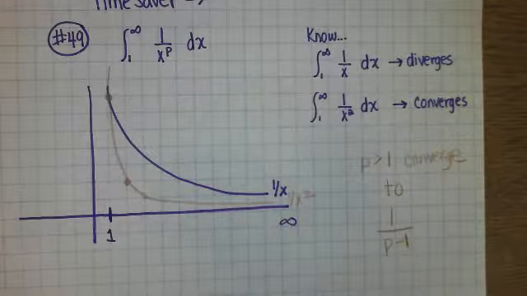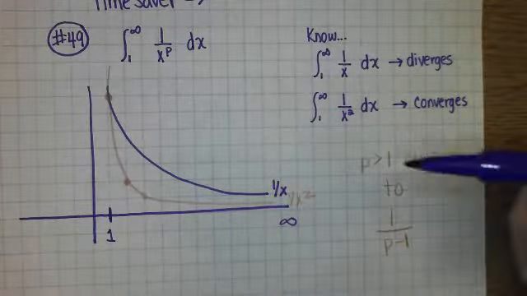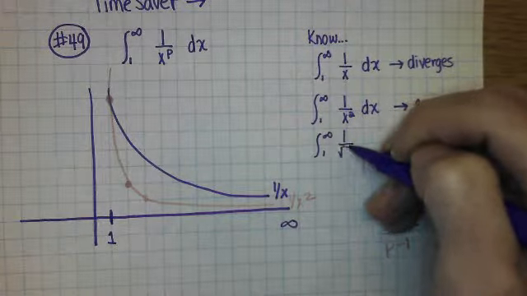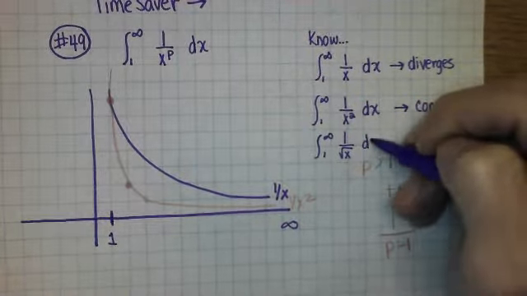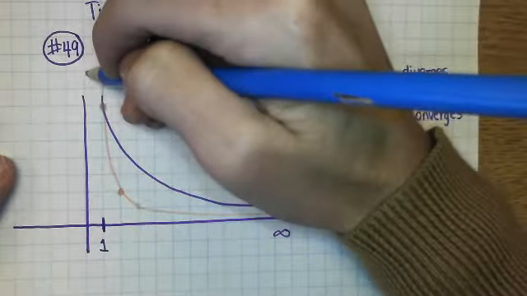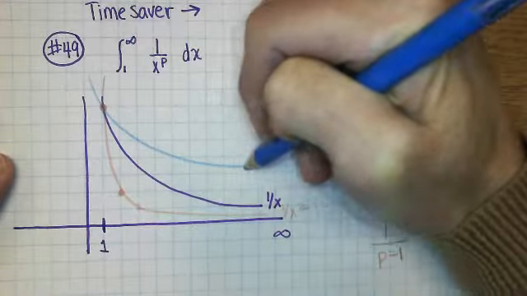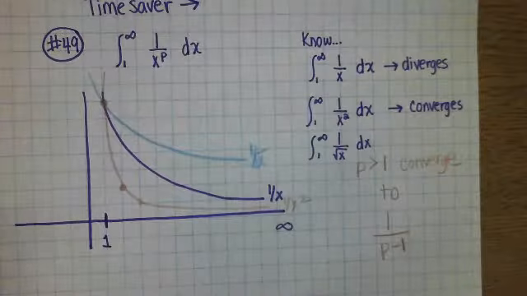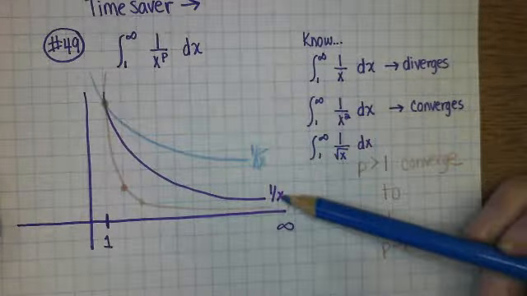However, if I have something like the integral from 1 to infinity of 1 over, let's say we have a square root of x. Square root of x would cause that denominator to not be as high. It would go more like this. So 1 over the square root of x would be something that goes higher than the 1 over x curve.